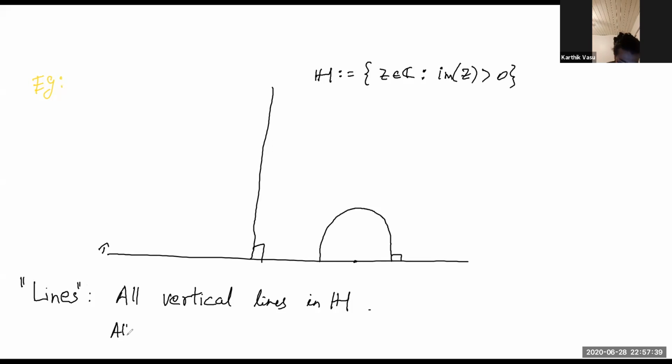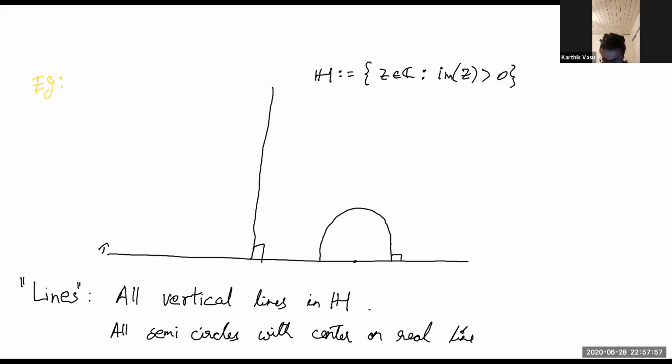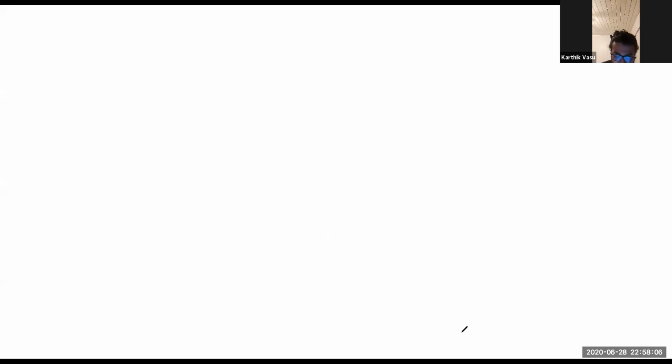So this is our space for now. We have redefined lines. I will not tell you why this satisfies 1 to 4, but I will show you why it does not satisfy the last one.